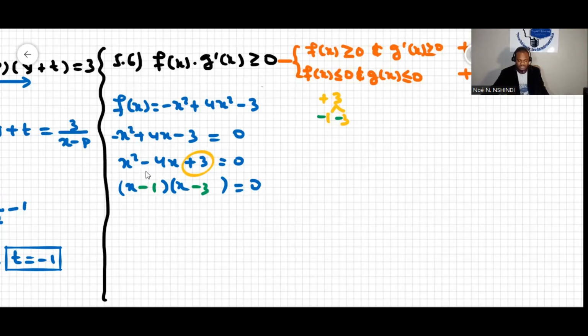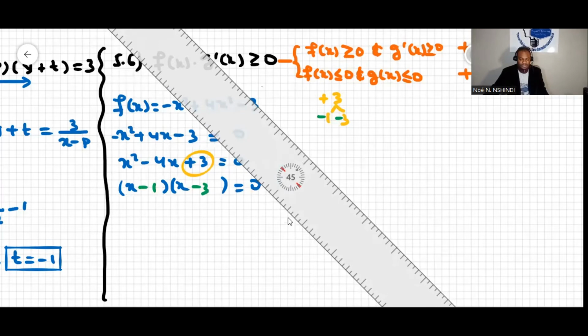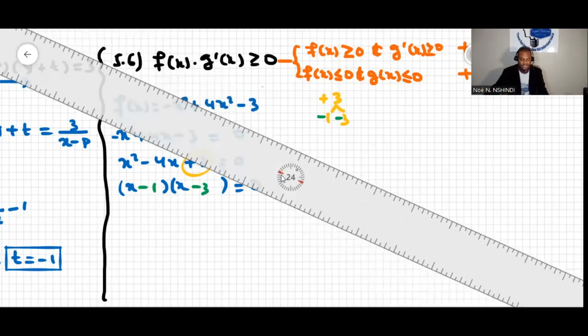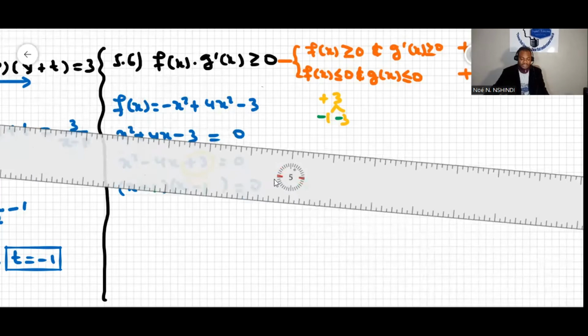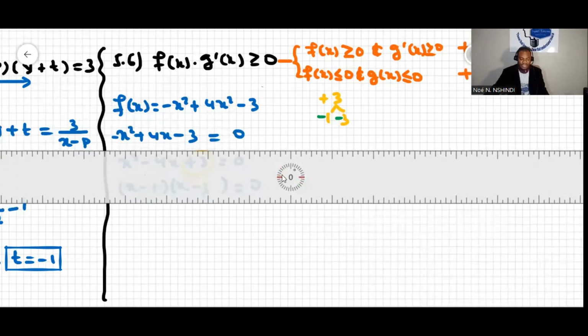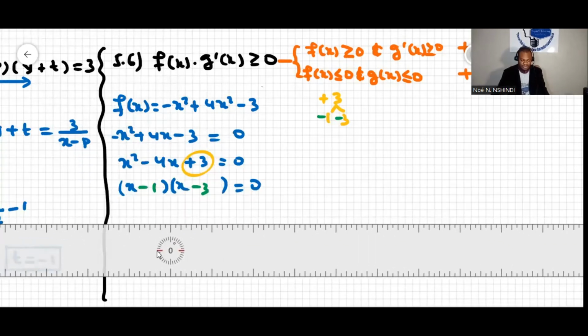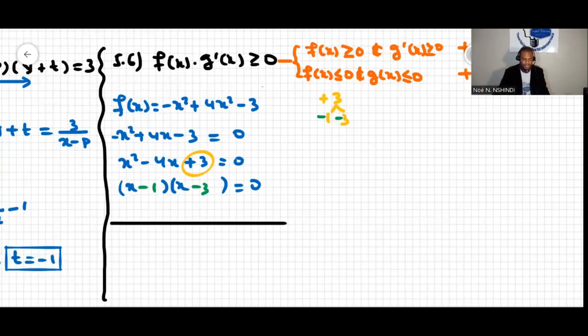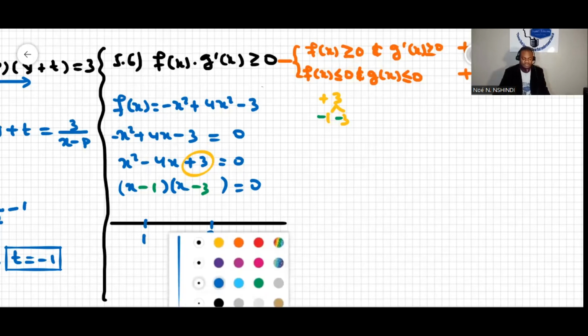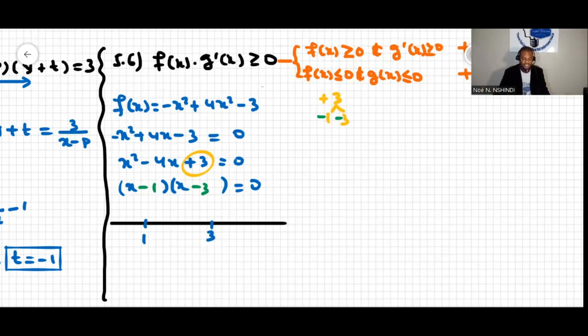So this is correct. Now, I'm going to draw the number line, to check in which interval f is positive. So if I draw my number line there, we have a point there and there, this means 1, and then that's 3, because if we calculate here, this means that x is equal to 1 or x is equal to 3.